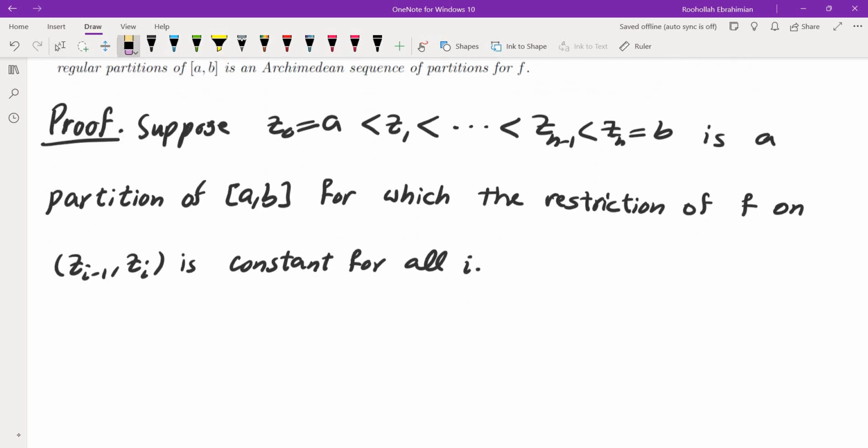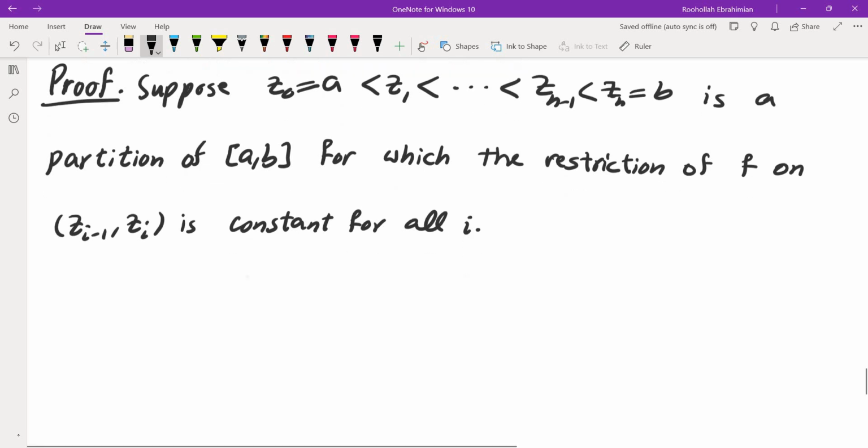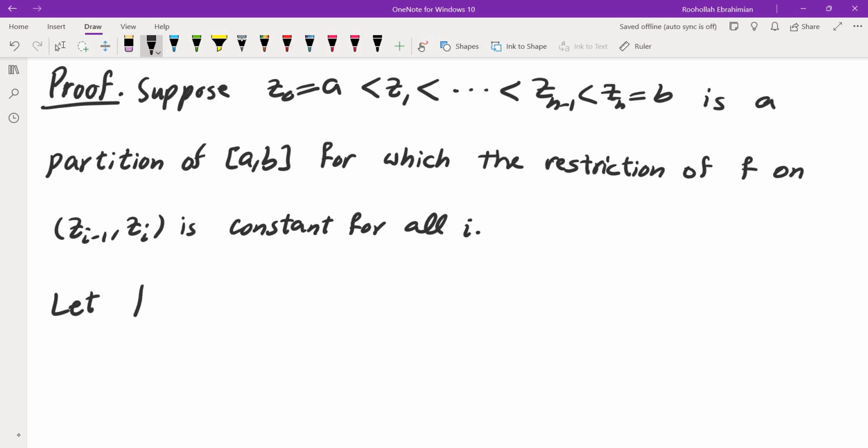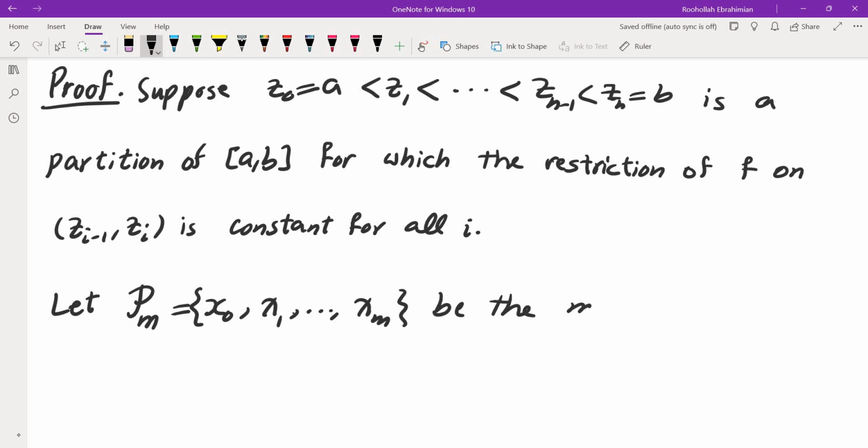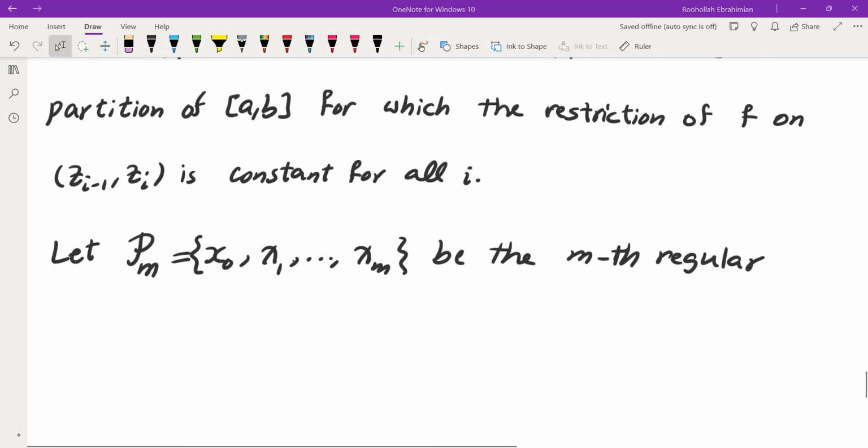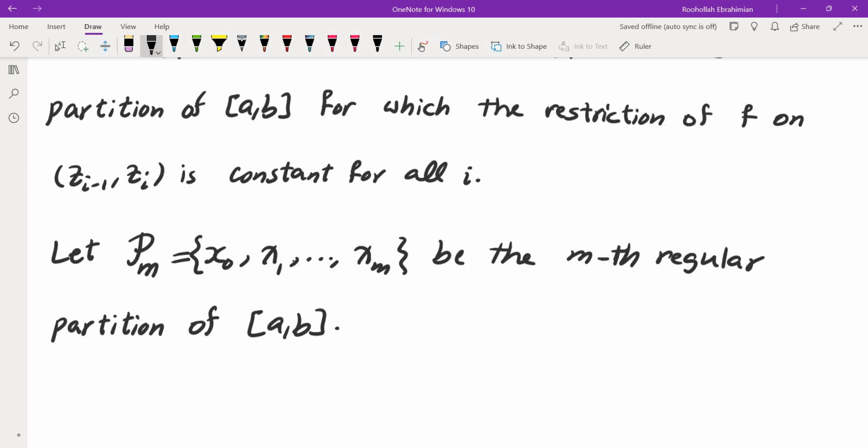Now, most of the time our function is constant, which is why the upper minus lower becomes 0 in most places. So let P_m equal x0, x1, all the way to xm be the mth regular partition of the interval from a to b.